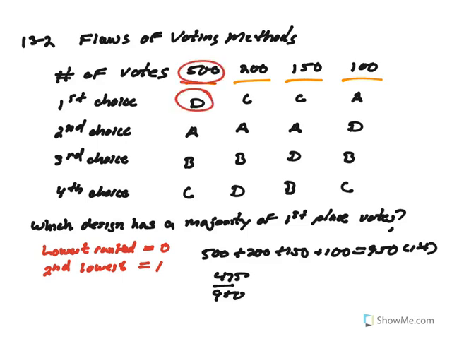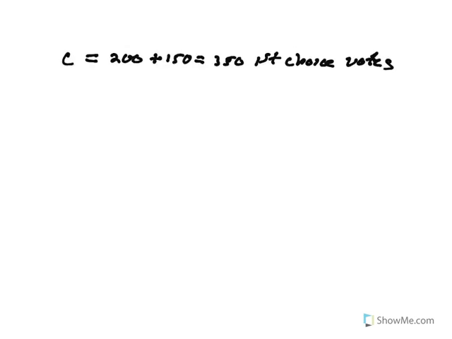So design D received 500 first choice votes, and 500 over 950 is going to be greater than 1/2. So that's why D is the winner.